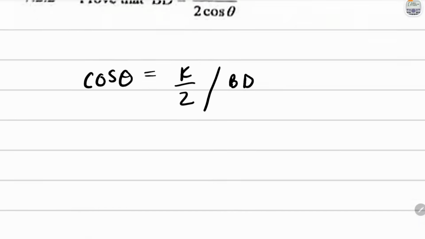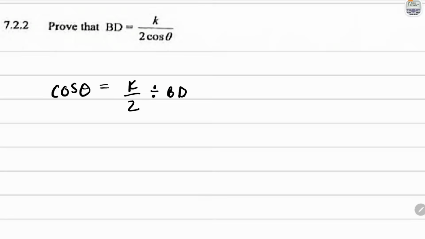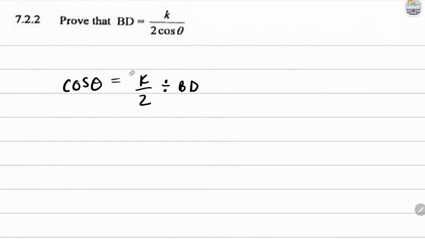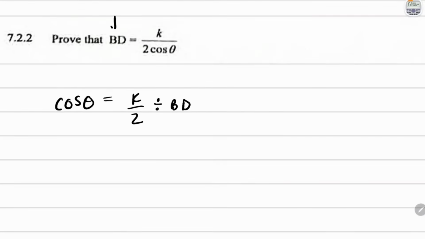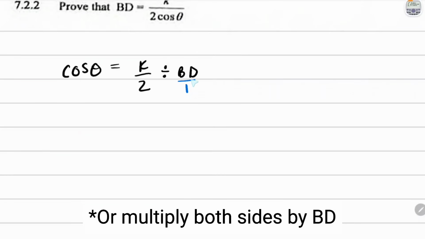Now the over is really a divided by. So we can simplify this further, and we just have to make BD the subject. When we're simplifying, this is a fraction, and you can make cos theta a fraction by putting it over 1.